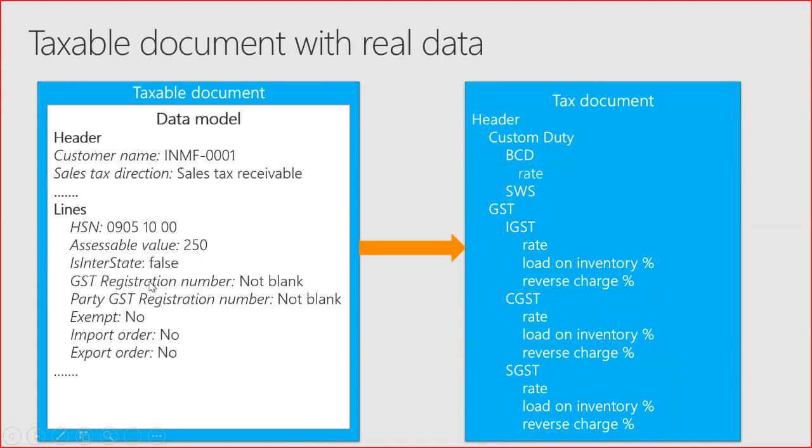All these values are obtained from the real source document by model mapping. So with all this data, GTE will feed it into the tax document to execute the logic you define for the four areas: tax applicability, calculation, and posting. So that is the general data flow.